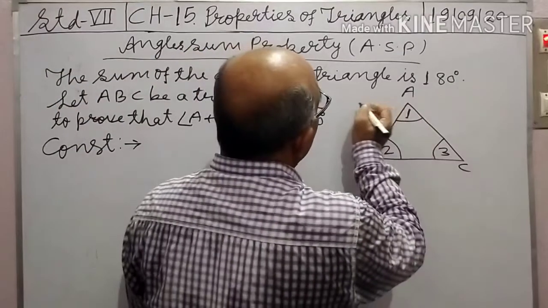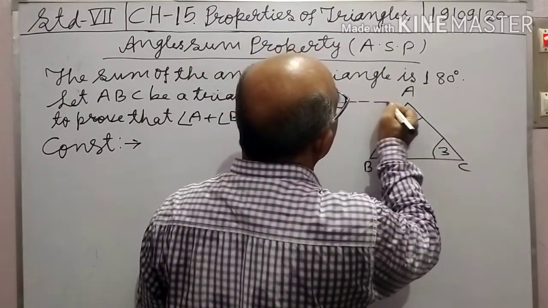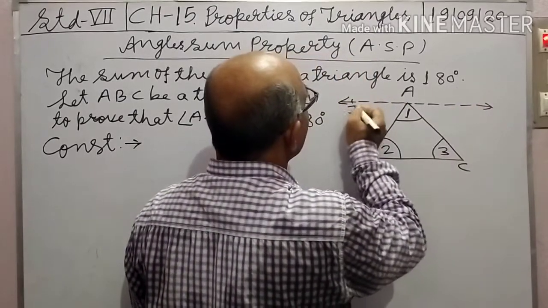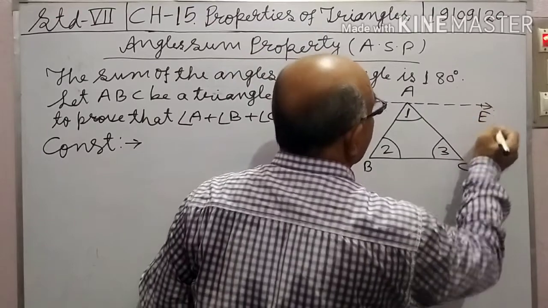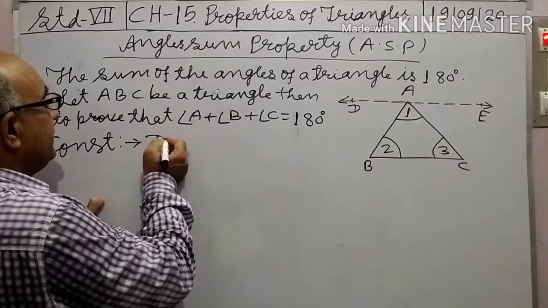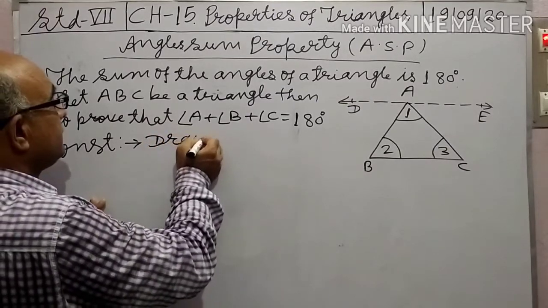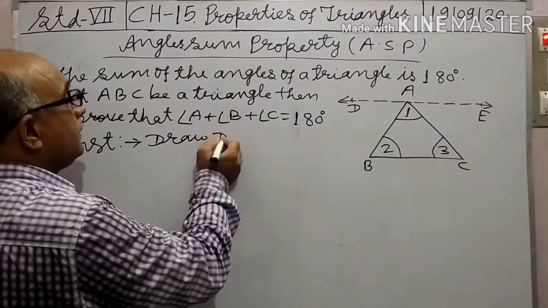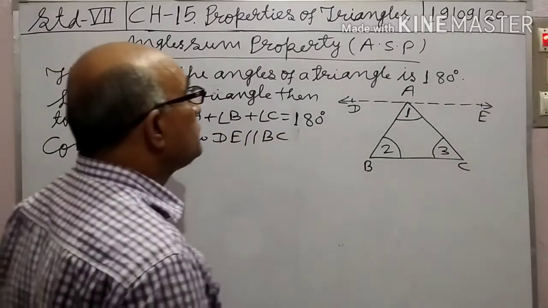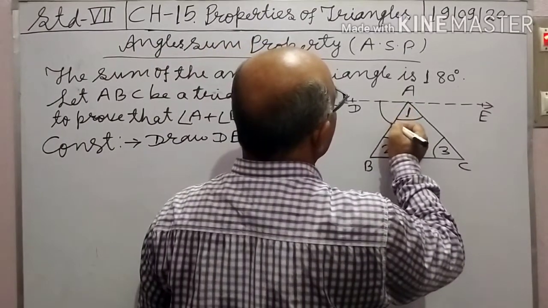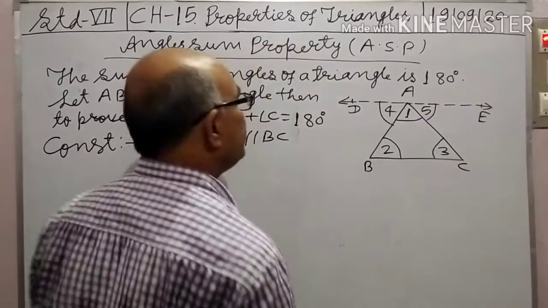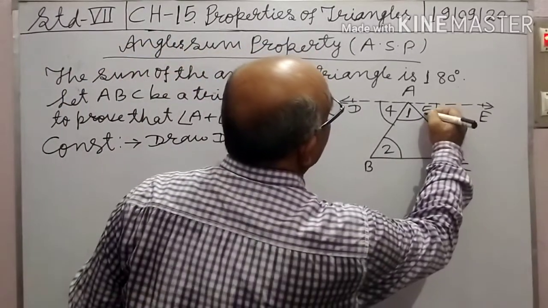Construction: Draw DE parallel to BC through A. So two new angles form here, angle 4 and angle 5.